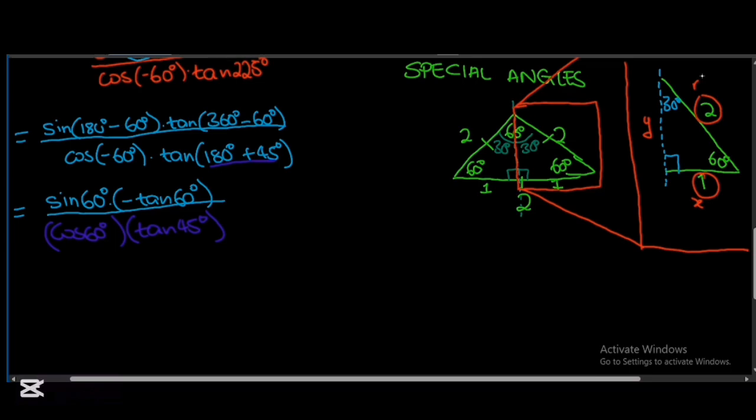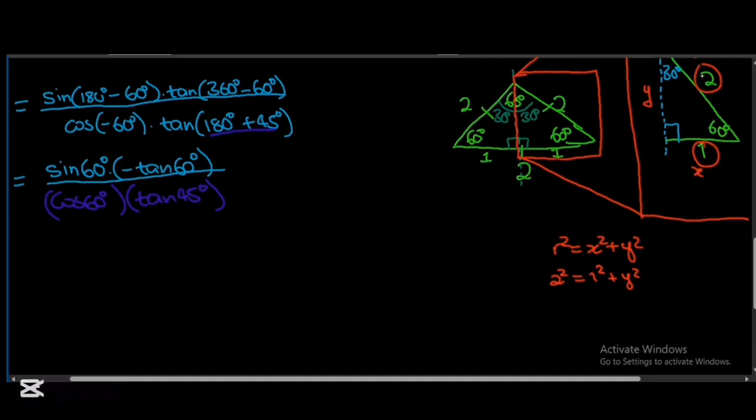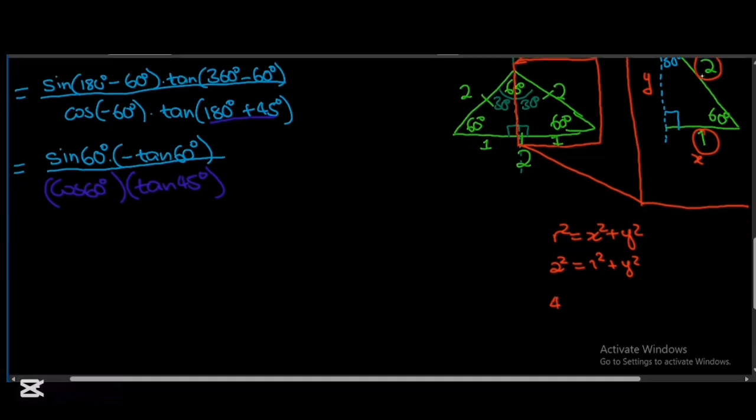You're going to say r squared is equal to x squared plus y squared, and then we have 2 squared equals 1 squared plus y squared. Then we have 4 minus 1 equals y squared, which equals 3, therefore y is equal to plus or minus the root of 3.